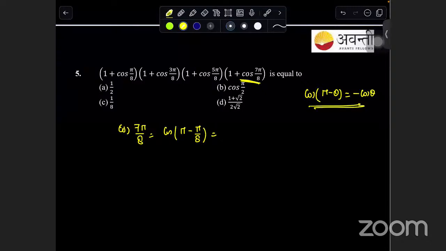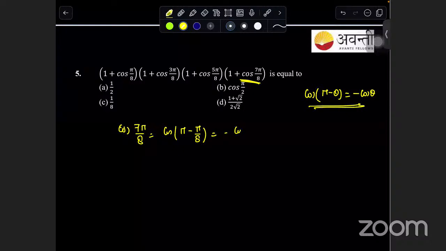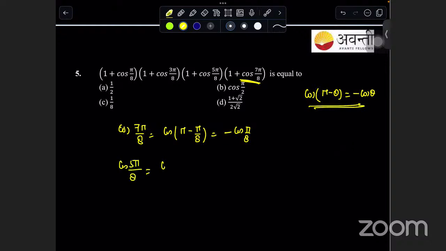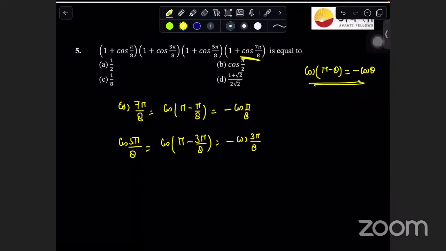So using this, cos pi minus pi by 8 will be minus of cos pi by 8. Am I clear? Similarly, this cos 5 pi by 8 is cos pi minus 3 pi by 8, that is minus of cos 3 pi upon 8. Got it?